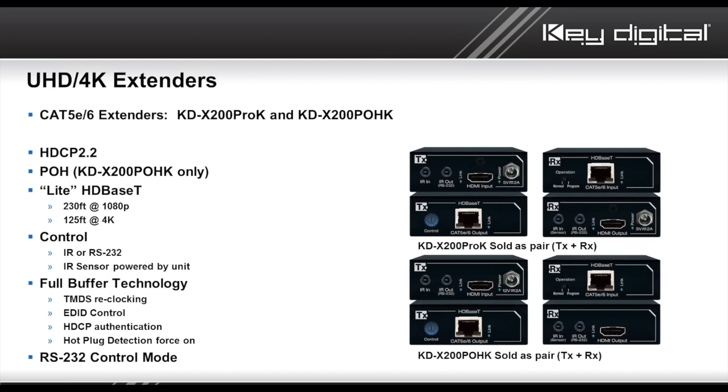You can actually plug directly into the IR with the sensor that is included in the box, so that if you have a simple application where you're just putting those source devices, such as a cable box, out of sight, out of mind, and your client wants to have the standard factory IR remote control in their hand, you can do so. An IR sensor and an IR emitter, both included in the box.